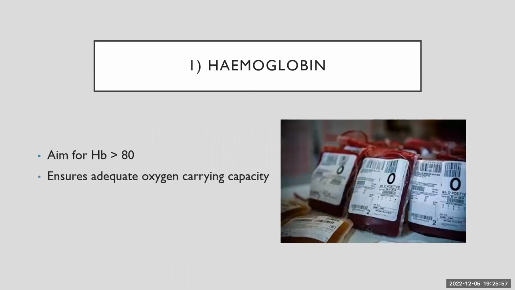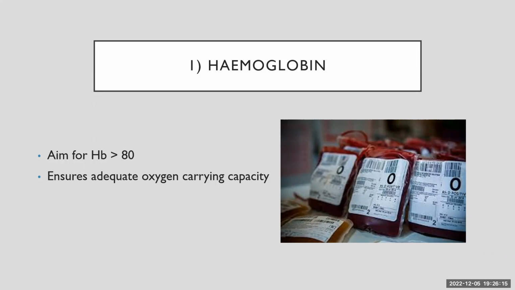So if we take these in turn, hemoglobin then is probably the easiest one to make a change to. Of course, in order to deliver an adequate amount of oxygen, you need to have adequate hemoglobin, oxygen carrying capacity.